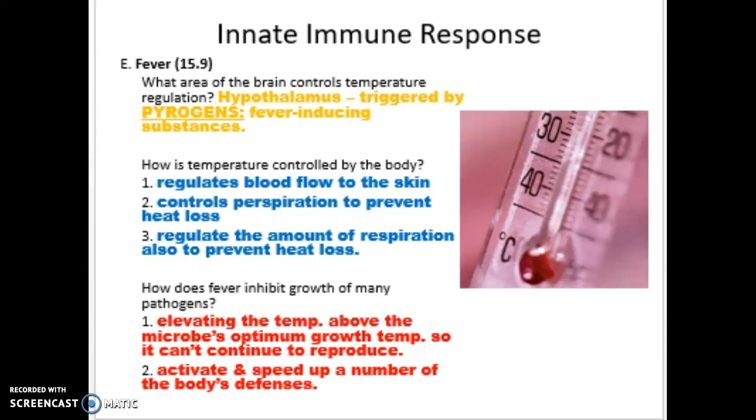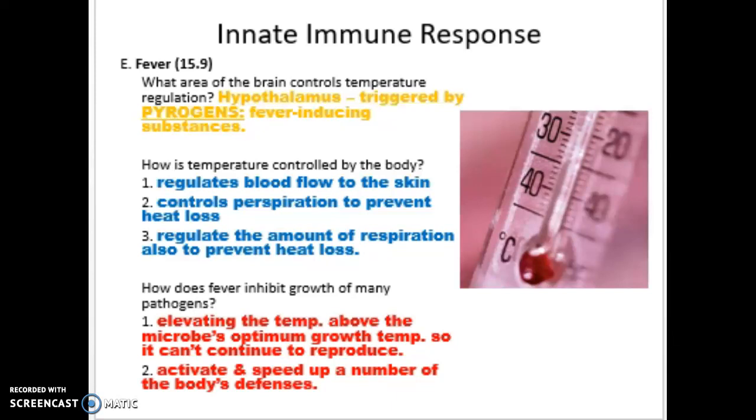Well, when the hypothalamus recognizes that your body's been infected by something or comes across a pyrogen, the temperature is controlled by regulating blood flow to the skin. Think about it. When you get hot, you're working out, you're playing a game outside, you get sweaty and your face turns red. That's basically increasing blood flow to the surface of the skin, so that way it can release heat better to cool you down.